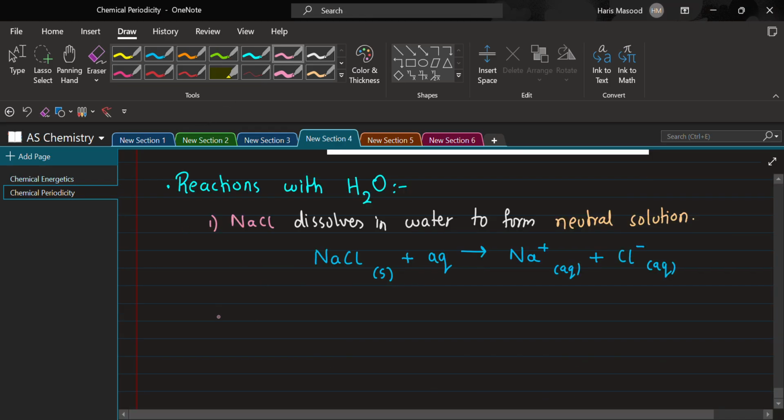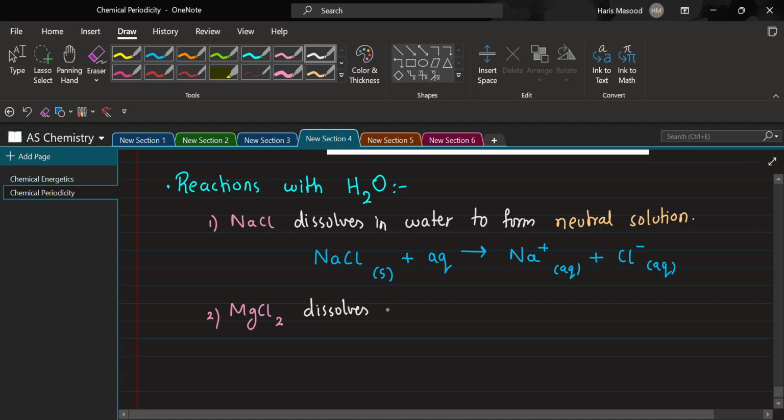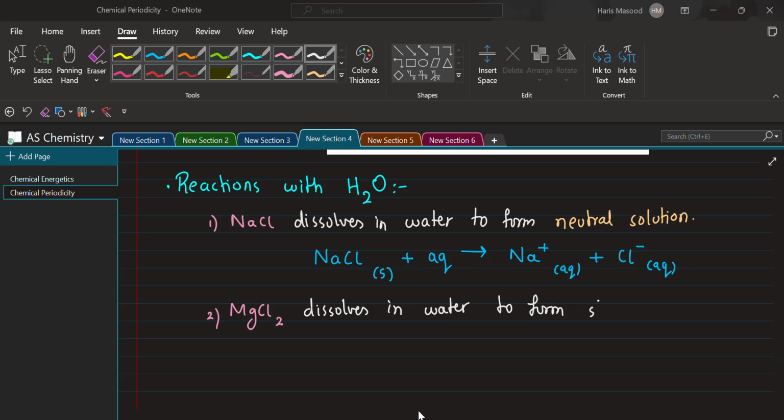And for the MgCl2, MgCl2 dissolves in water with slight hydrolysis to form a solution of magnesium chloride.